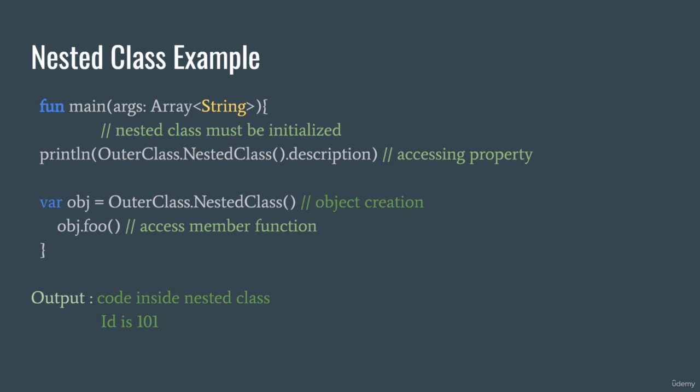So in order to access the description, we go to our outer class, and then inside of that we go to the nested class. So we're accessing the property here, and then we create an object of the nested class and we access the function, so the member function of that nested class. So the output is code inside the nested class and ID is 101.